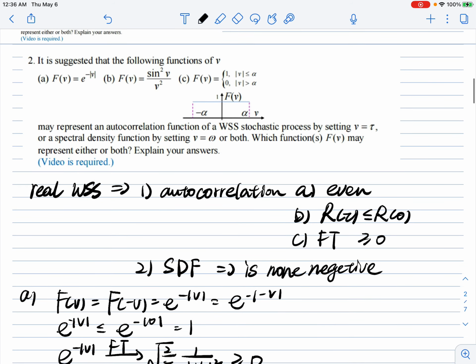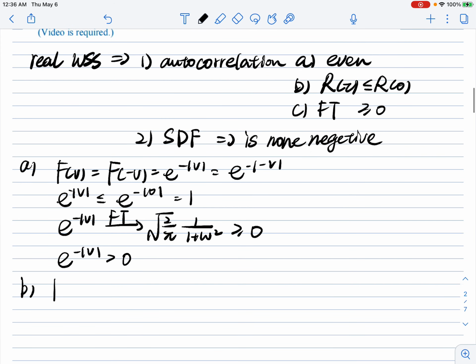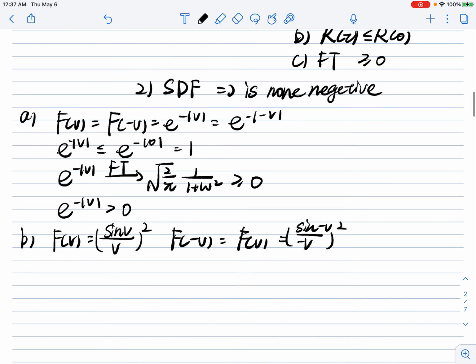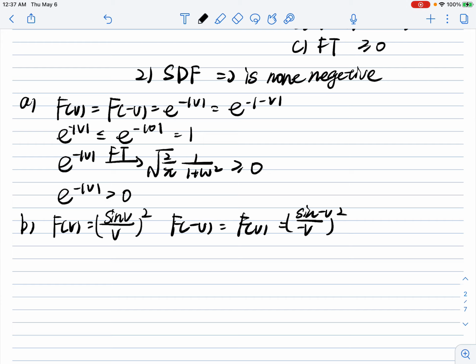And for the second function, we can know that it can be written in this form. That is, it is a square of the part. So it is even, obviously. And I use the website to plot a figure.